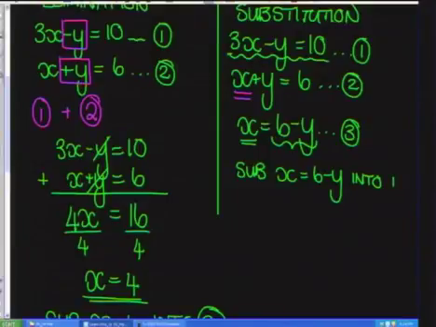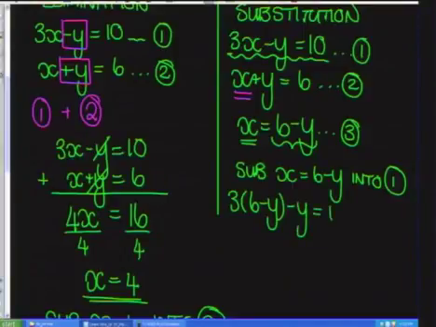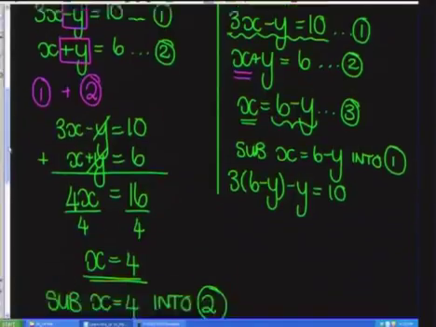Which means that I've got 3 times (6 minus y) equals 10. Let's solve that linear equation.